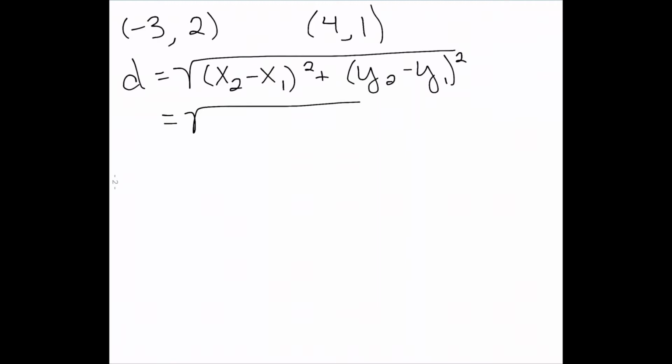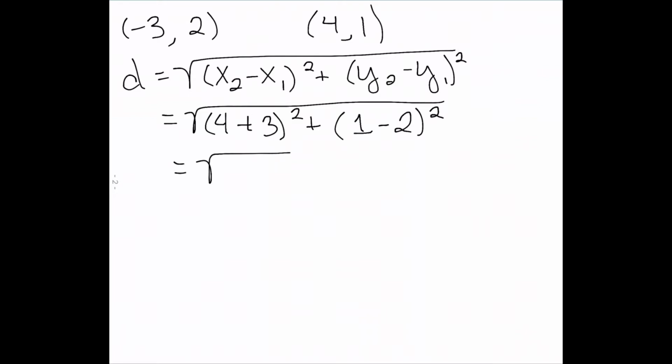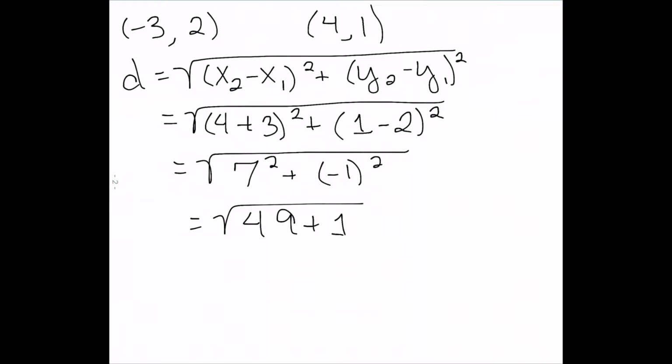So here, x2 is 4 minus negative 3, or plus 3, plus y2 is 1, and y1 is 2. 4 plus 3 is 7, and 1 minus 2 is negative 1. 7 squared is 49, and 1 squared is 1, so I get the square root of 50.